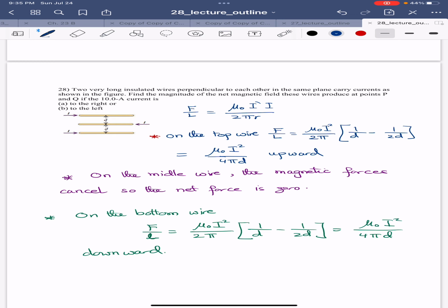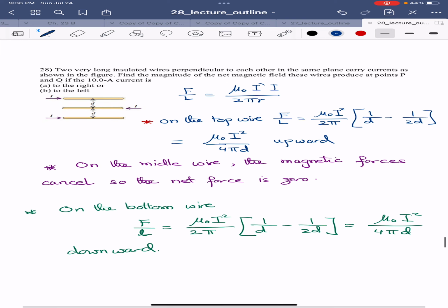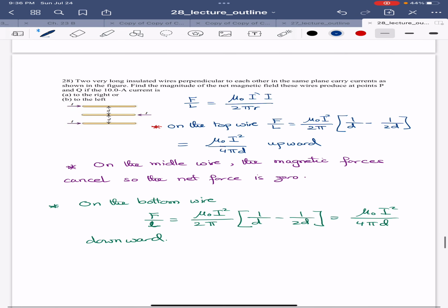Because the current in the middle is going to be opposite, and here we are going to find that the force is going to be upward because they are repelling, and they are in opposite directions.